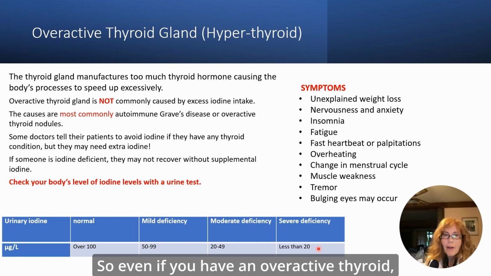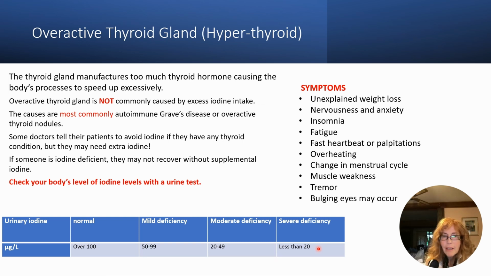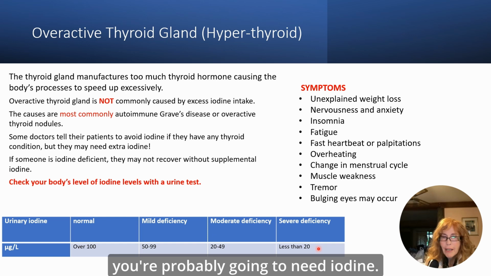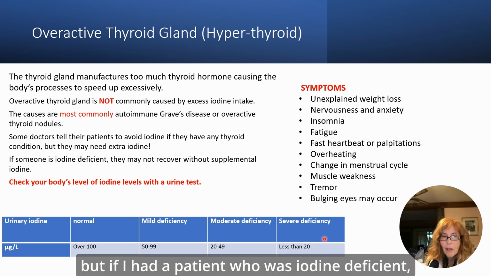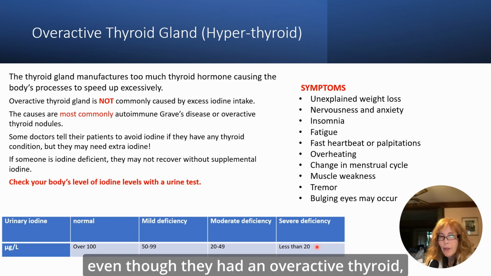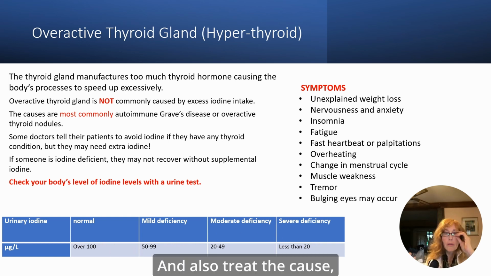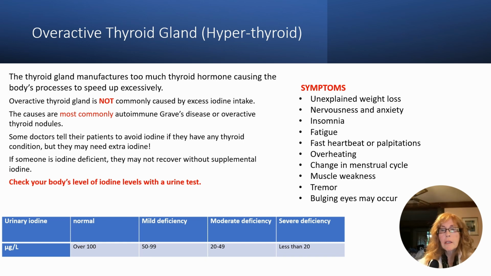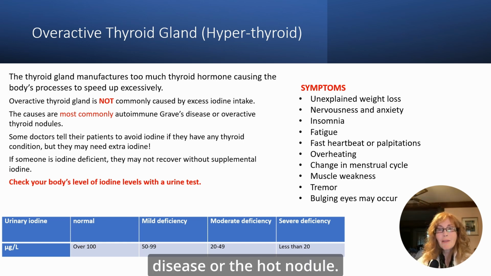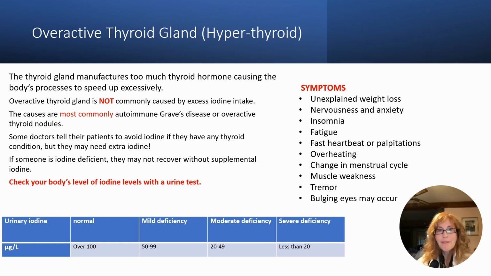So even if you have an overactive thyroid, you're probably going to need iodine. You can check with your own doctor, but if I had a patient who was iodine deficient, even though they had an overactive thyroid, I would give them some iodine to bring it up to the normal range. And also treat the cause, which would be the Graves disease or the hot nodule.